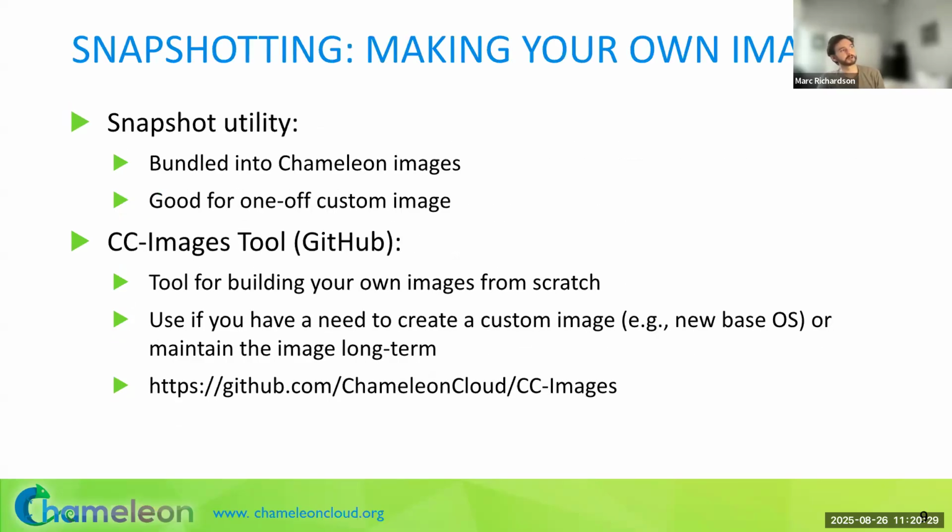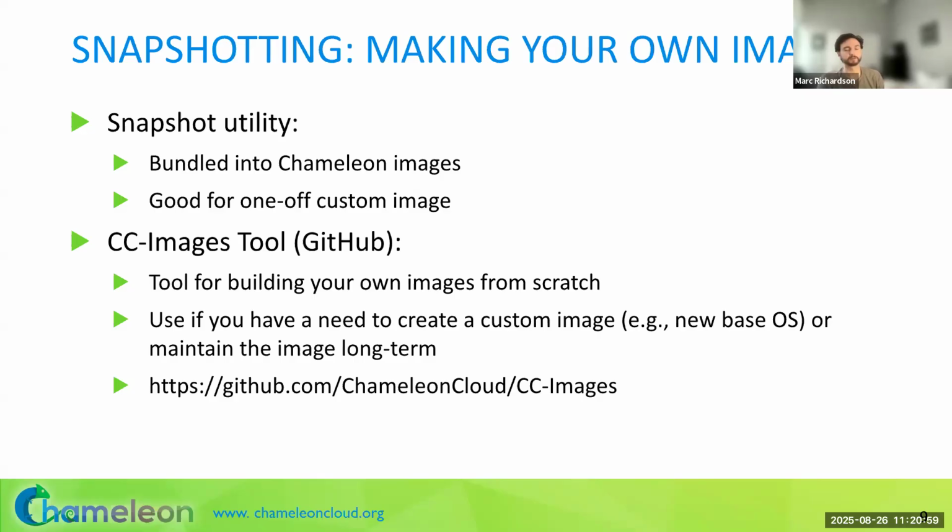We also have snapshotting. This is, again, another important thing for saving work. Chameleon resources are only available for 7-day leases, so you do need to have some kind of data management plan in place. Typically, we suggest that people use one of our persistent storage options, either volumes, or sorry, object store, or our shared file system.